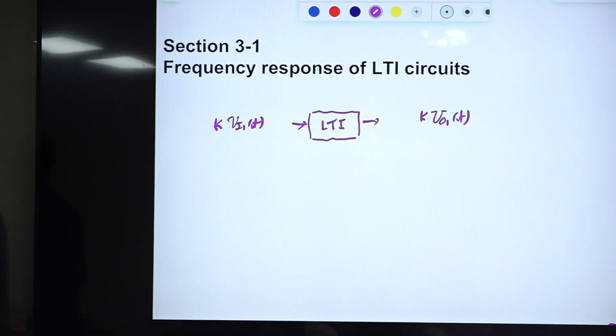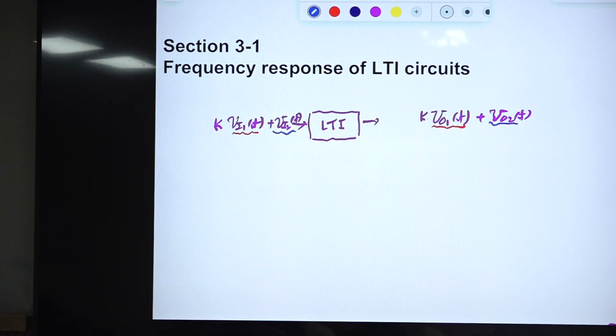And if you add another input, suppose you add vi2(t), then response of that is this one plus vo2(t). Okay, if you apply this one, you will get this, and if you apply this vo2, then you will get this, and you multiply this vi1(t) by k.